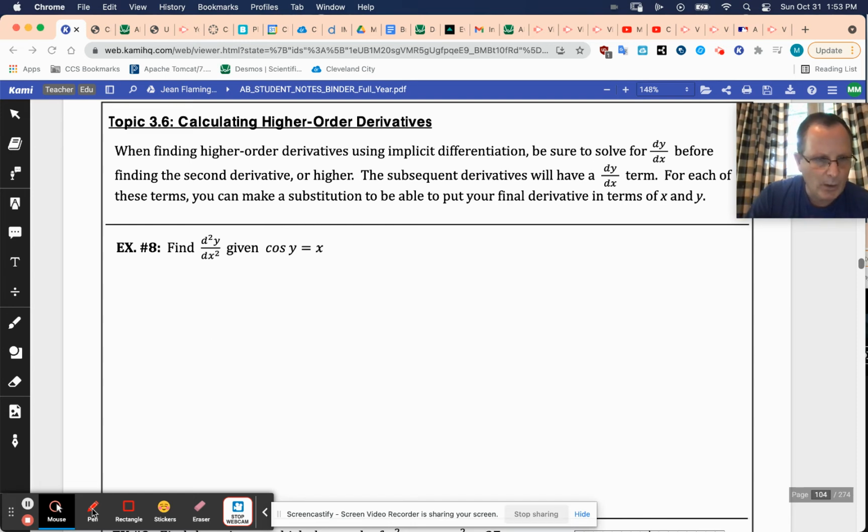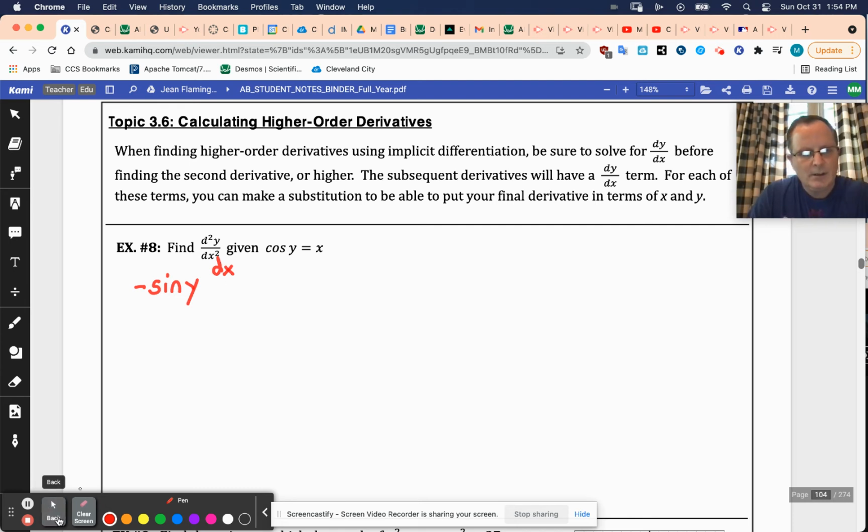All right, let's go ahead and get that first derivative. The derivative of cosine y is going to be negative sine y, copy, chain rule. Since that's not x, and we are taking the derivative with respect to x, a dy dx is needed.